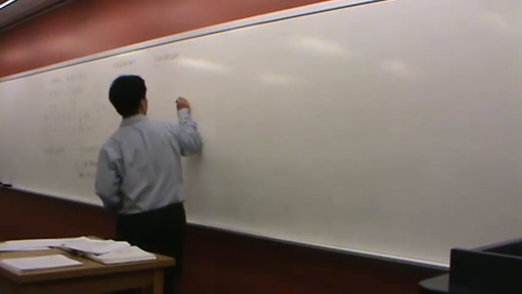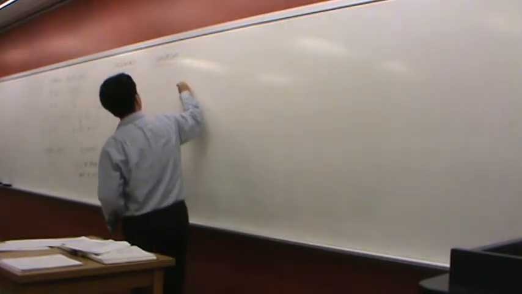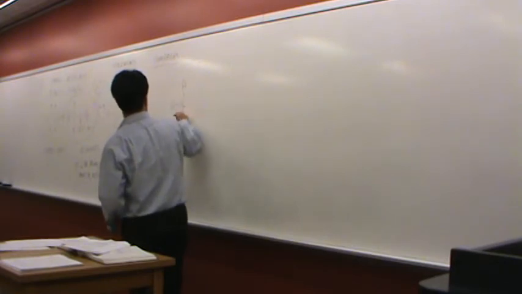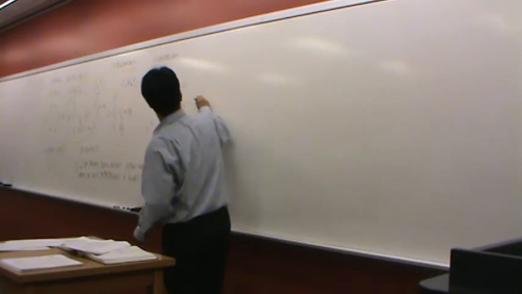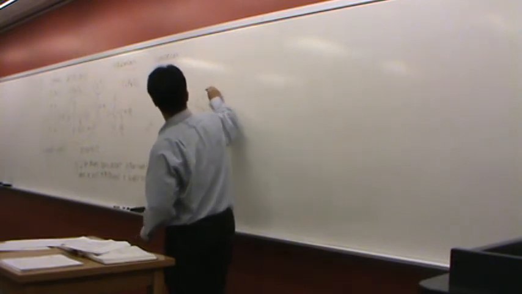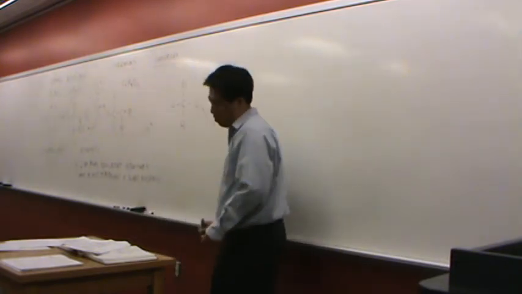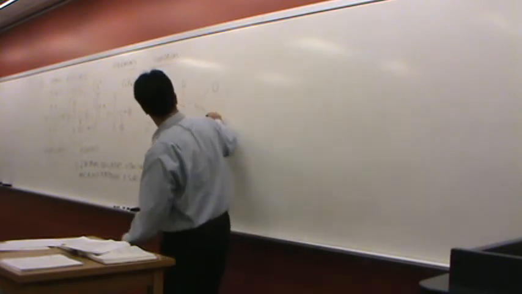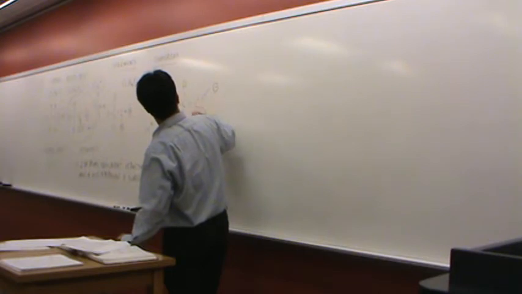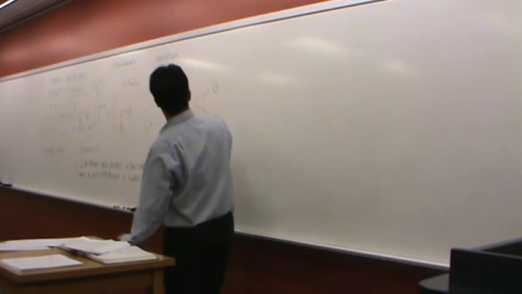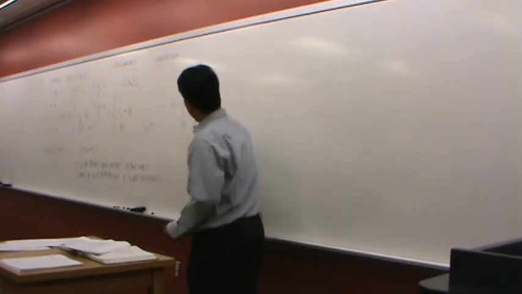So let me try to draw another structure for you to consider. You have C, H, H, C, and let's put the two O's like this, one O here, one O here. Here's number 1, here's number 2. Why don't I make them look equivalent? Just put one bond at least.